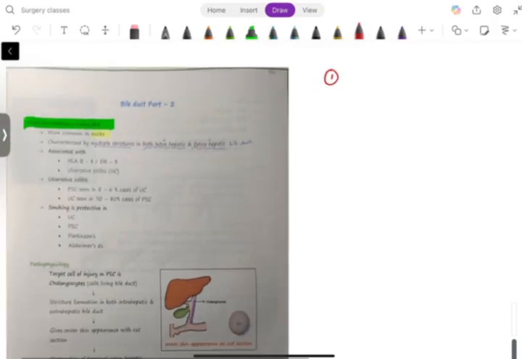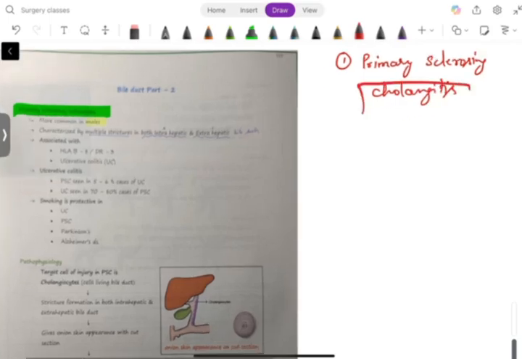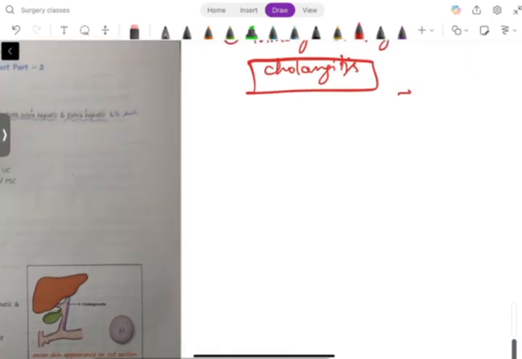So first one is primary sclerosing cholangitis. Let's start by breaking the words. Cholangitis we have already studied, that is inflammation of the bile duct.